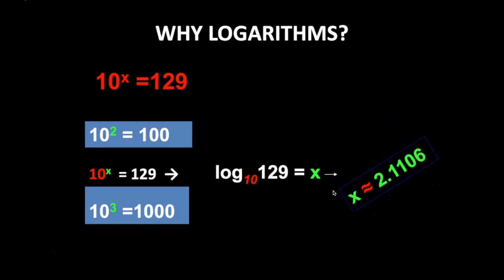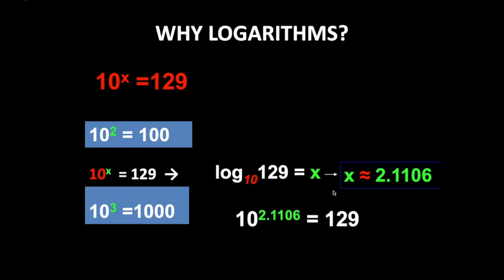And what does that mean? Well, let's go back to the original problem here. That means that 10 to the answer, 2.1106, equals 129. Now that's really close. I had to round this off. That's what that means.